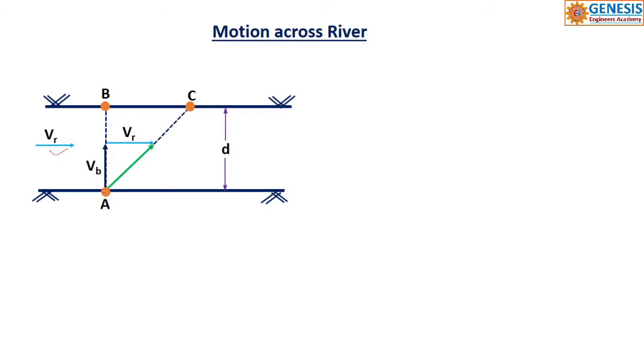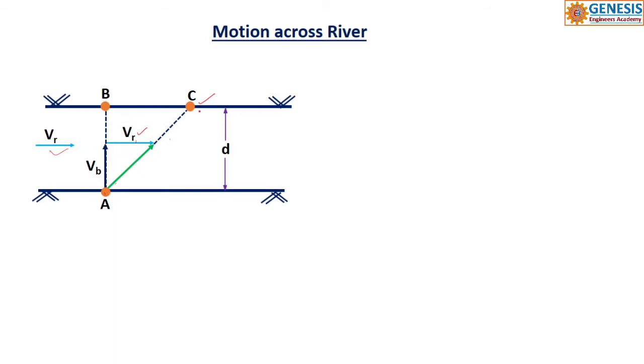If the swimmer or boat starts sailing across, he may land at this point because of this stream, VR. If VR were not there, he would reach this place.